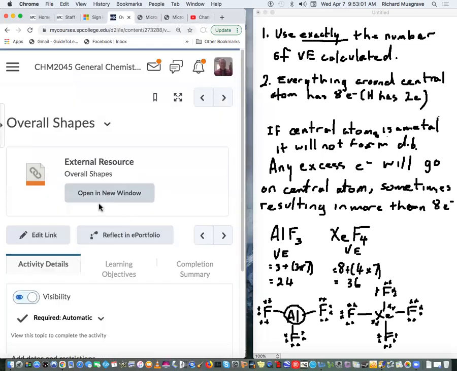Okay, so that's the overall shapes. Those aren't too bad. That's when you've just got straight atoms. And you can replace those atoms with non-bonding electron pairs, and those overall shapes would still be there. That's the tricky part that I was talking about earlier.